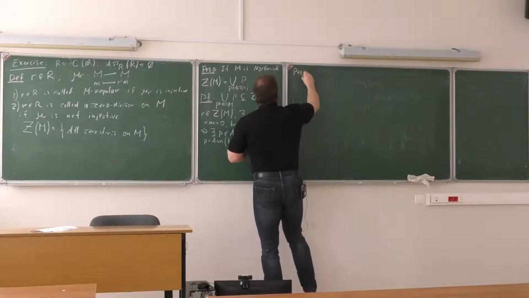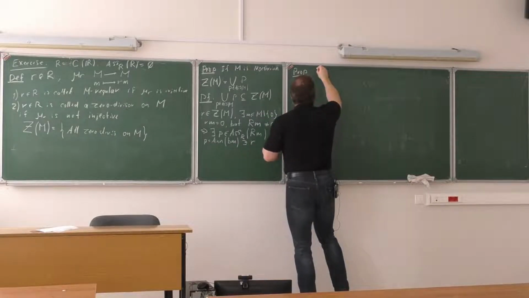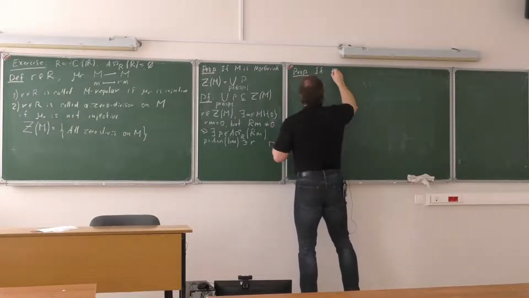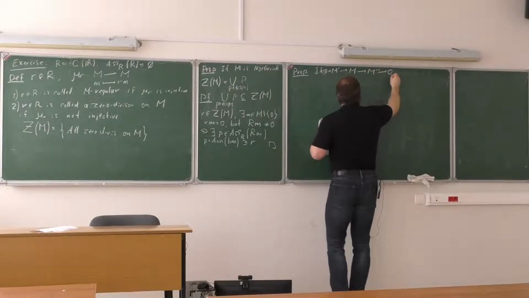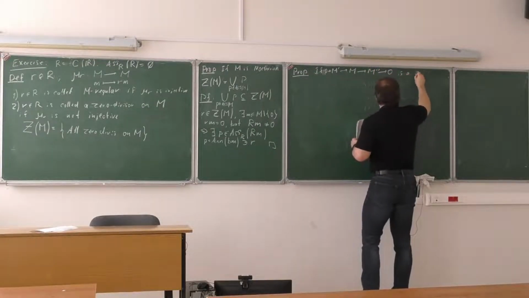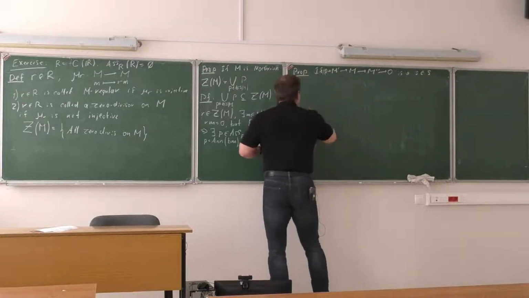So the next proposition tells us that if you have a short exact sequence 0, M', M, M'', 0, then we have the following two inclusions.